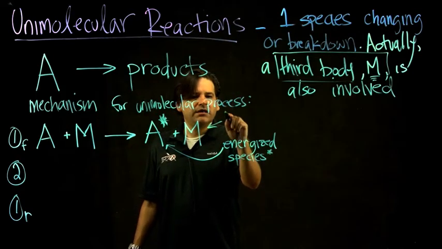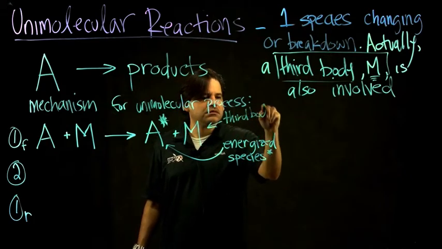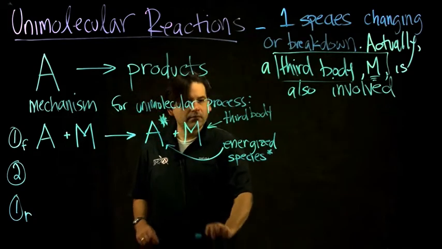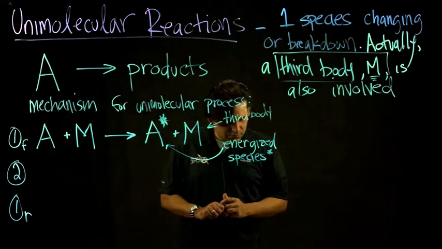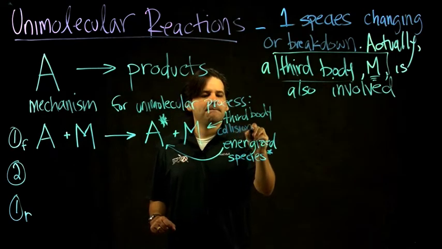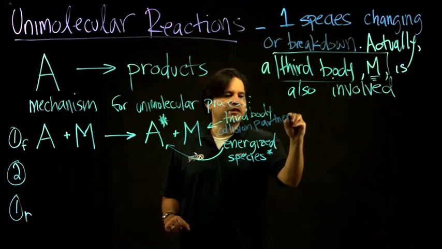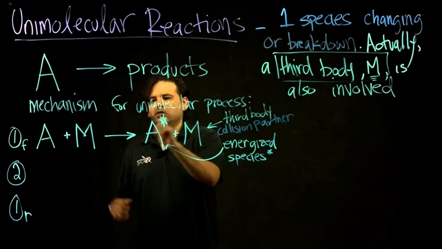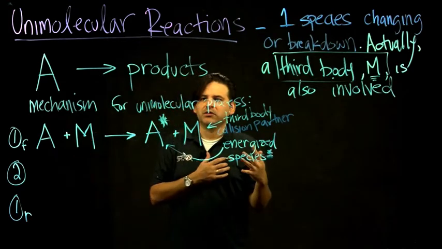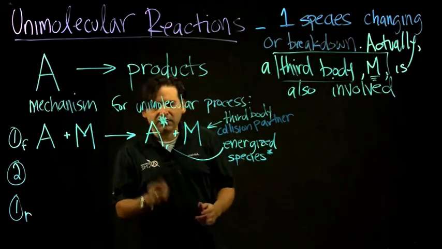And then this third body, it's the collision partner which gave it some energy. So due to this collision, either this partner gave it some energy due to its kinetic energy, or it just activated the right spot on this molecule.